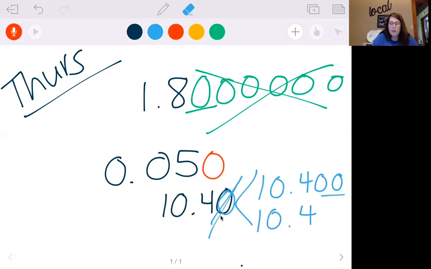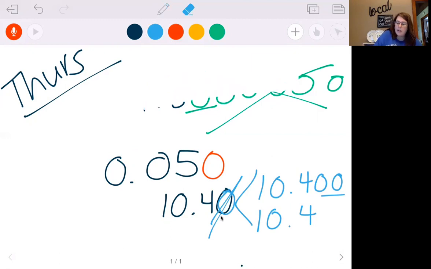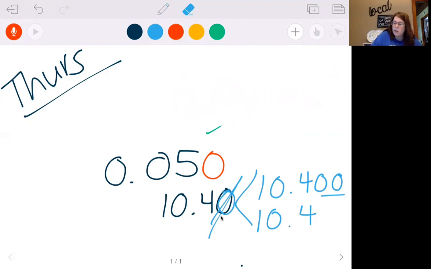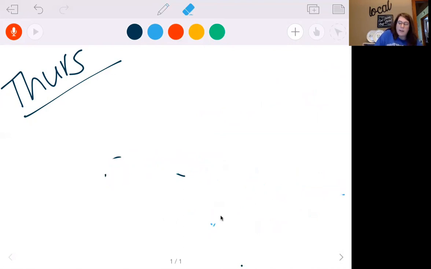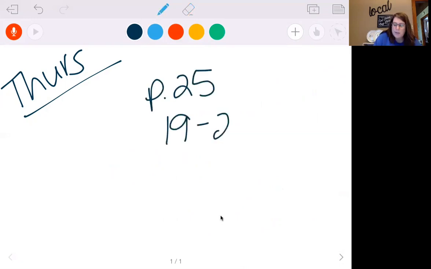So let's look at what you're going to do today for classwork and homework. Don't go crazy with the zeros on them, but you could literally put a million zeros and it would still be equivalent. That's why 5th graders usually like these. So for classwork today, you're going to do page 25, 19 through 21. That's where you're going to write it in a decimal form.